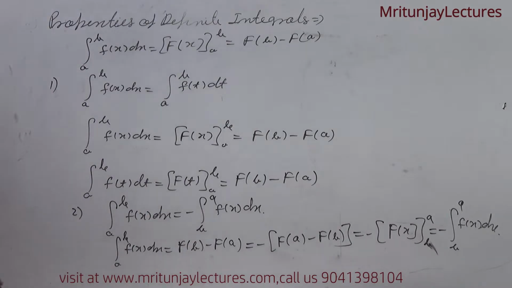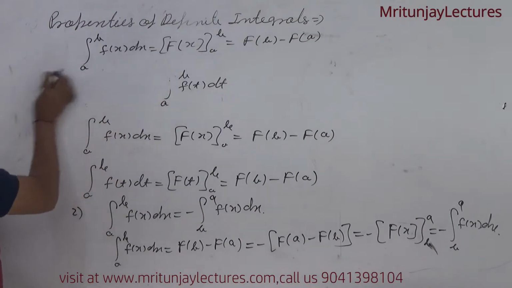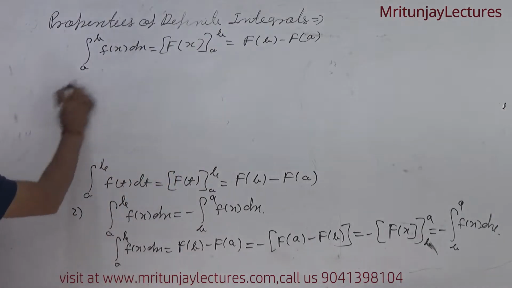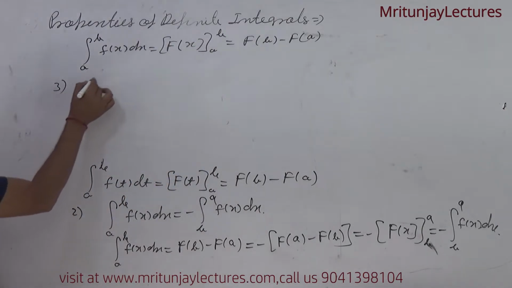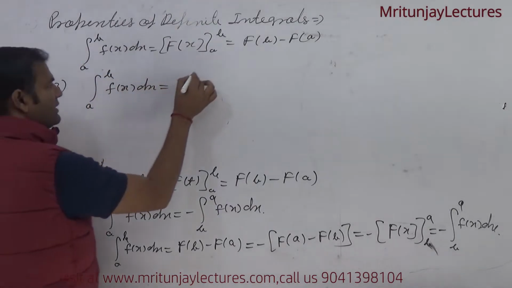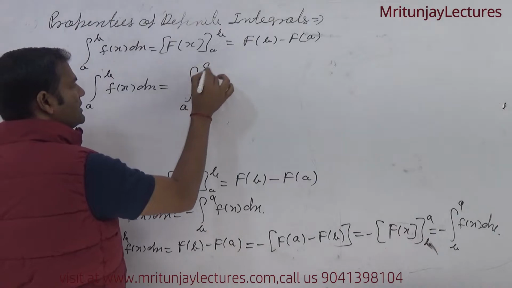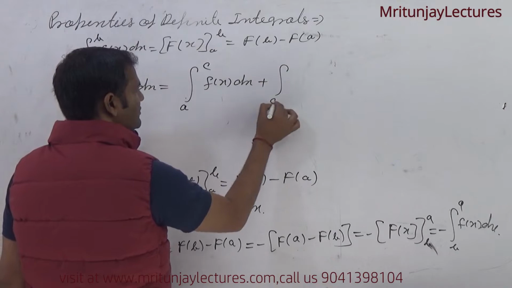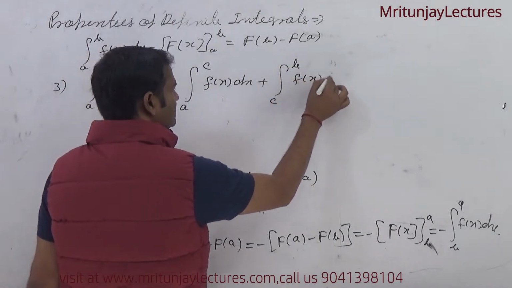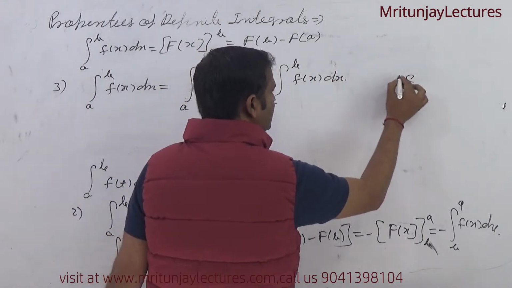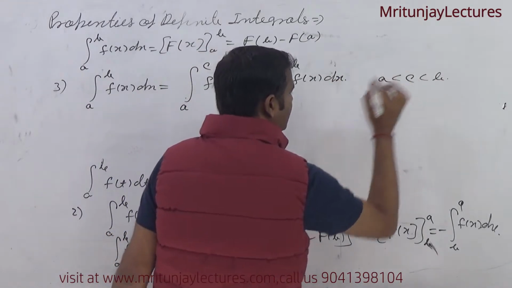Okay, now the third property: the integral from a to b of f of x dx is written as the integral from a to c of f of x dx plus the integral from c to b, but here c is between a and b.